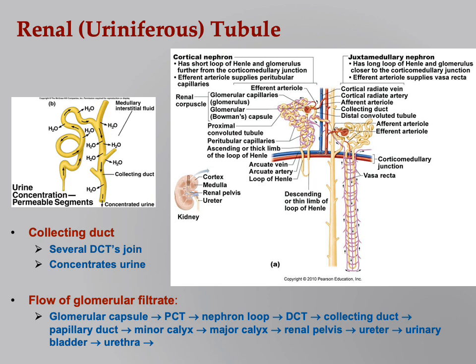Then at the bottom, once all the DCTs have come in, from that point on we call it the papillary duct, because it leads down to the renal papilla. Then that drains into the minor calyx, that drains into the major calyx, that drains into the renal pelvis, that drains into the ureter, which then collects in the urinary bladder and is eliminated through the urethra.